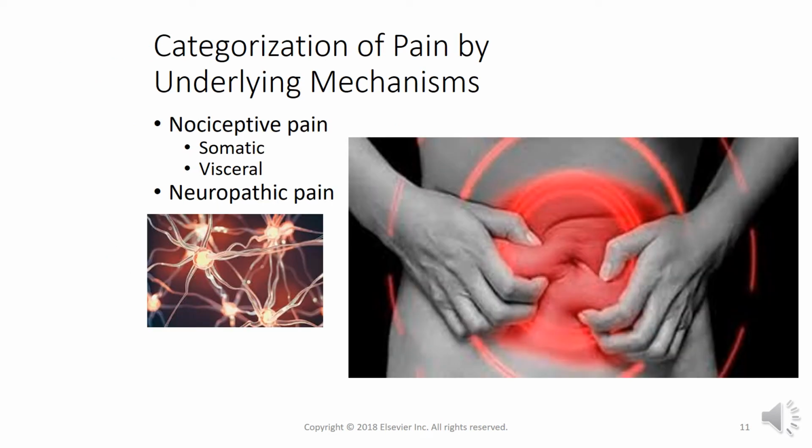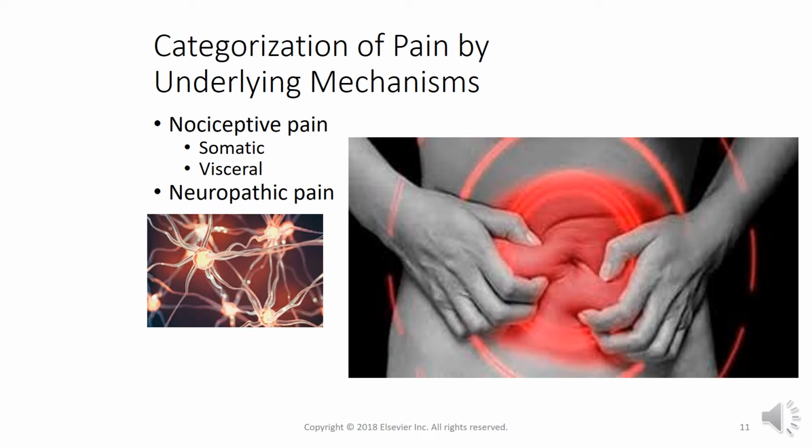All right, we talked about pain categorized by duration. Now let's talk about pain according to its underlying mechanism. Okay, nociceptive pain, that's the normal pain transmission mechanism. So something happens to you, let's say you bump your hand really hard, and it transmits pain like it's supposed to.